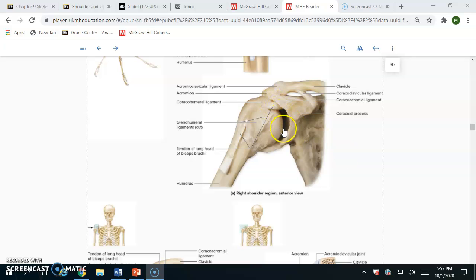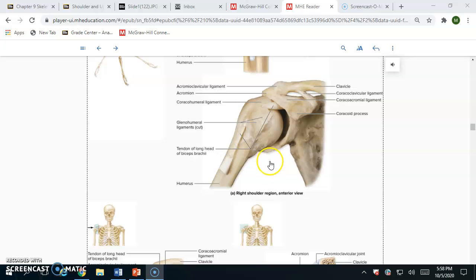Since it's not the bones, these bones are almost just sitting next to each other. They're not interlocking like some of the joints we'll talk about in a little bit. There's just not as much stability because we don't have bony interlocking surfaces. It's more soft tissue forming that stability.